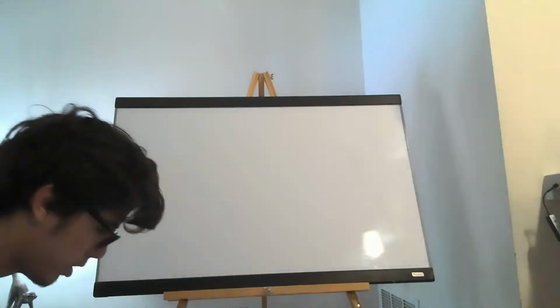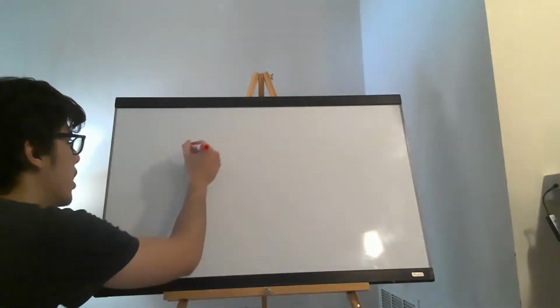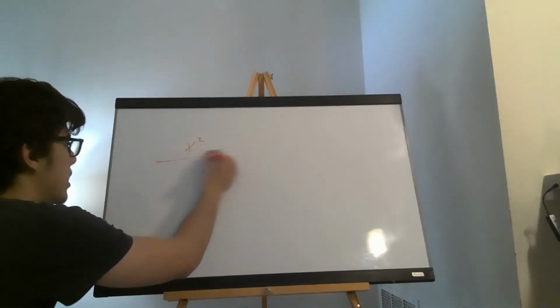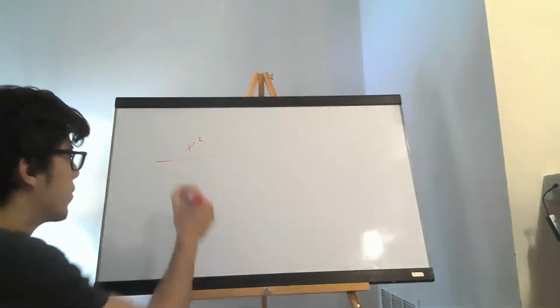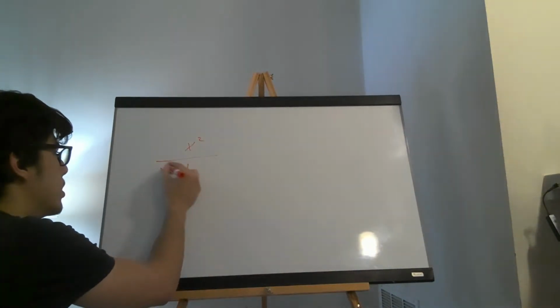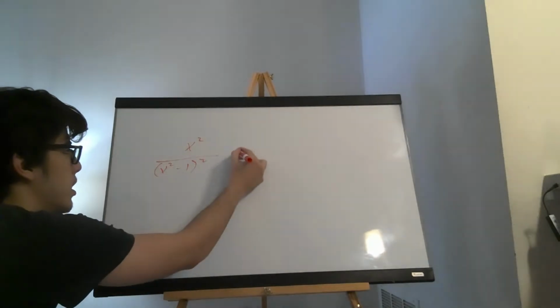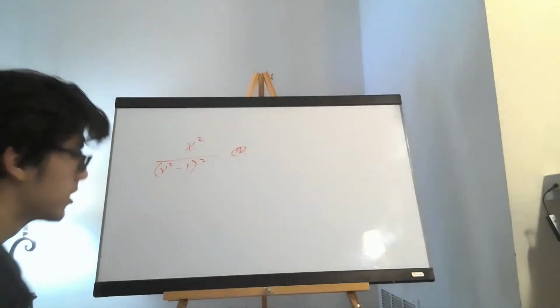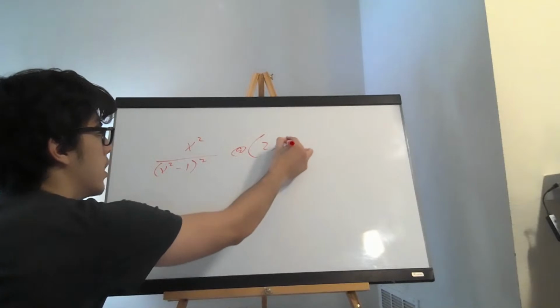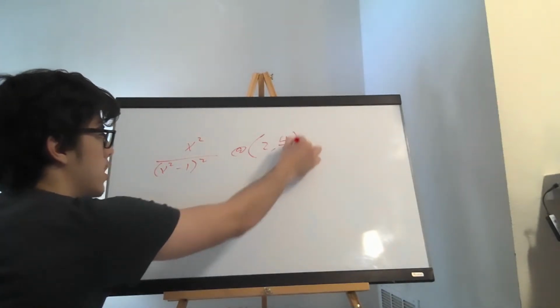Ooh, this one looks enticing. Let's try this guy. Give this like one time. So x squared over x squared minus 1 squared at 2, 4/9.